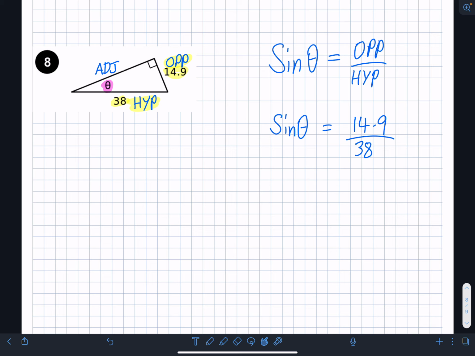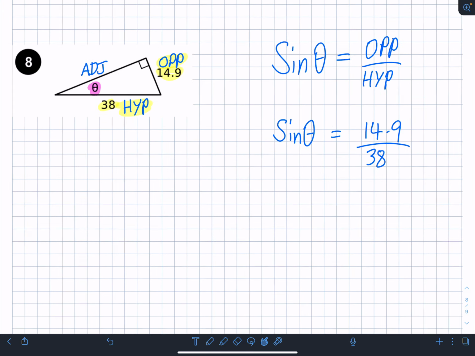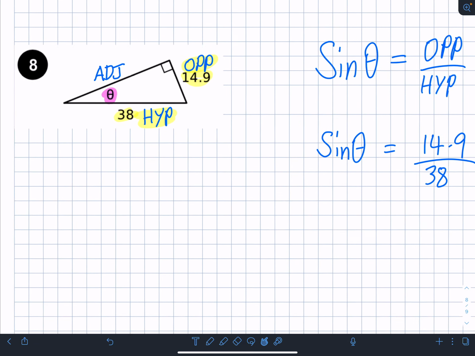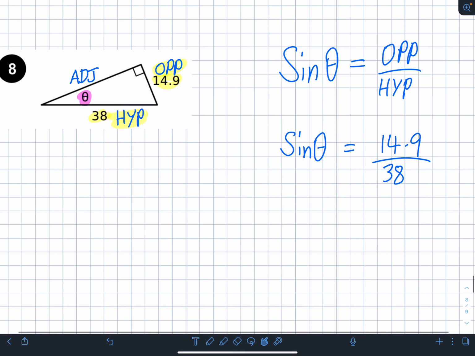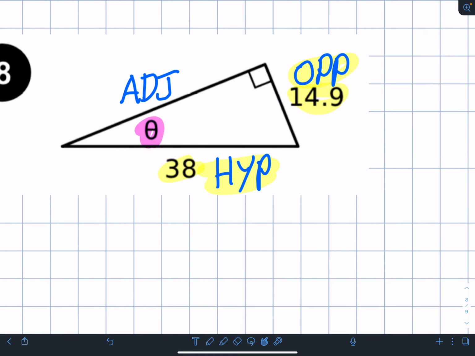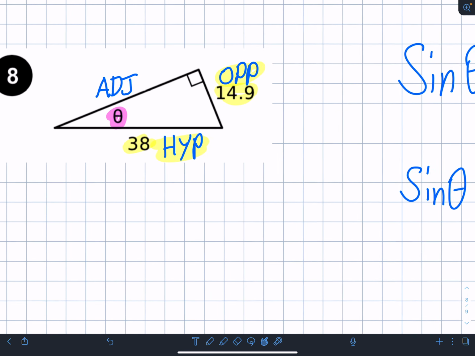Then the side that is adjacent or next to the angle, we label as adjacent. And thirdly, the side that's opposite the angle, we label as OPP, opposite. That's the one that is 14.9, for example, centimetres. And we've got an opposite and a hypotenuse that are labelled.